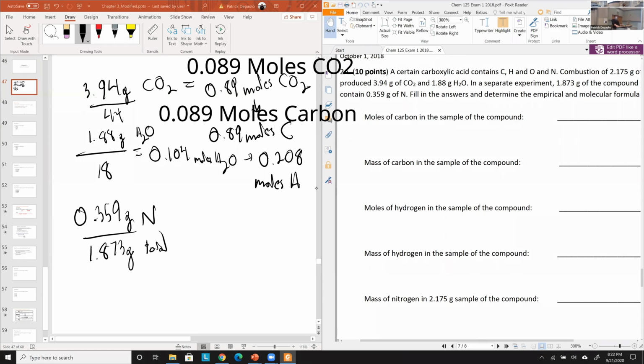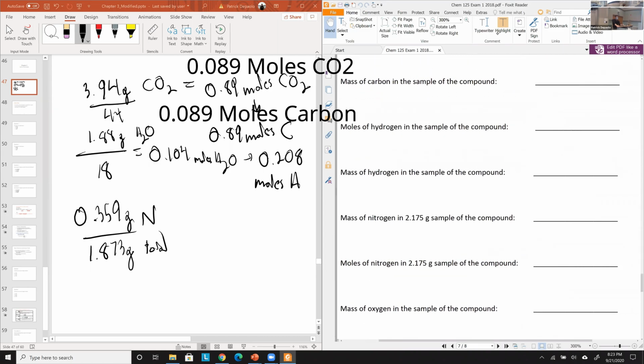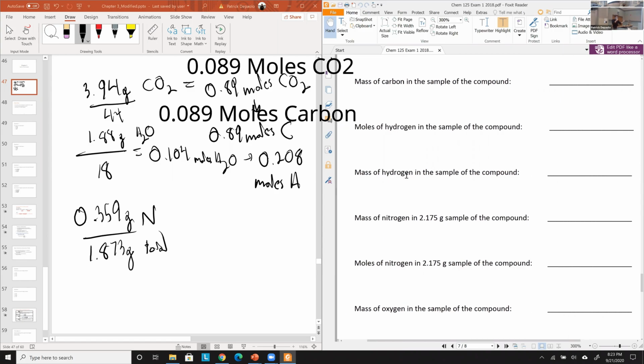The mass is 0.208 times 1.008, and you get whatever that is. Now, the mass of nitrogen, the question. What's the 44? 44 is the molar mass of CO2. Sorry I did that part a little bit fast because I repeated it from the last problem.